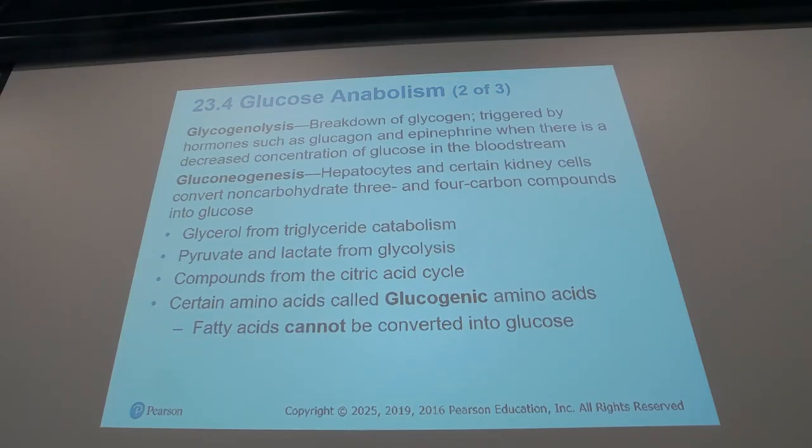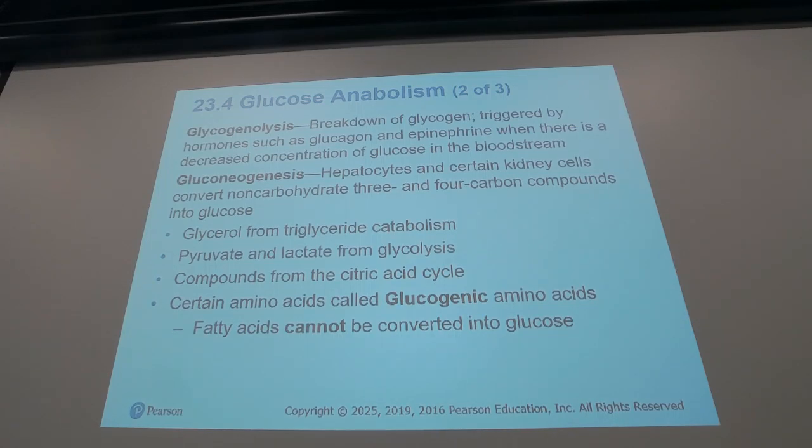Whenever we fast and our blood glucose levels drop, then this glucagon is released so that we can start breaking down glycogen, and our liver gives this glucose into the bloodstream so that we can elevate blood glucose levels.